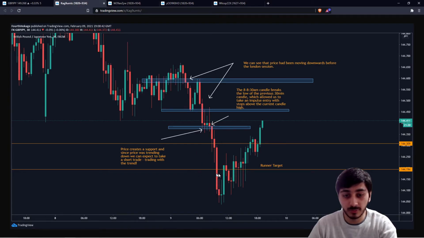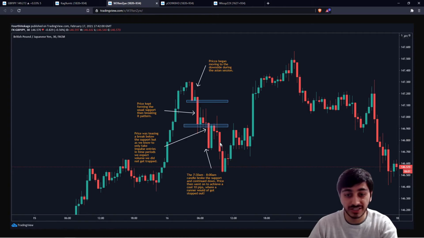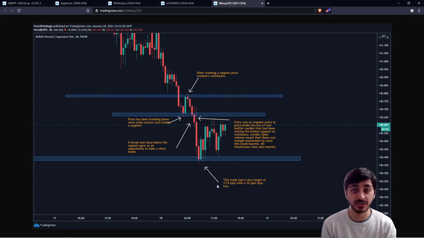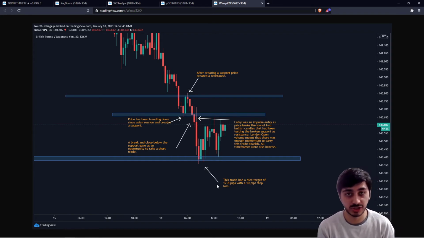In one example it's been hit here, the runner target did not get hit here, but here it's been hit, and here it has also been hit. So there's a higher probability of our running targets being met if the price action is trending before we reach the market for the London session, the New York session, or even the Asian session. Although the Asian session is very slow, and I think price doesn't tend to trend during that session.